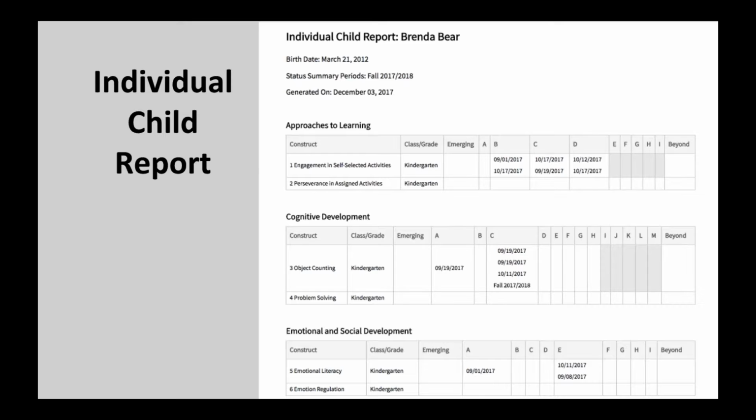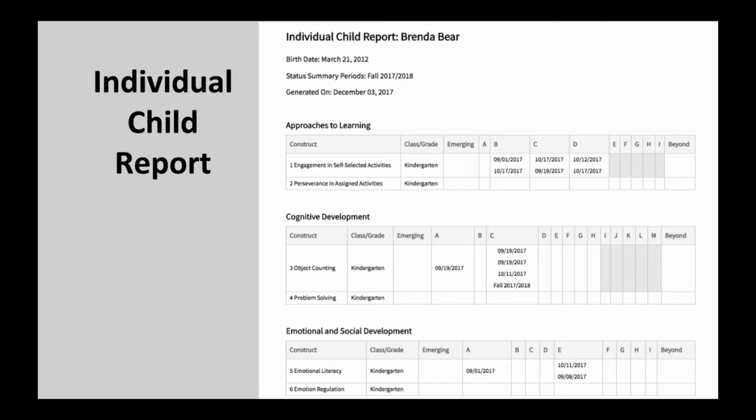Again, we want to reach the whole child, so when we look at this report, we want to use it as a guide. We know that your students are all very different, and these reports can be used to assist you in selecting learning targets, or just put more simply, determining which area for which student you'll focus on next.